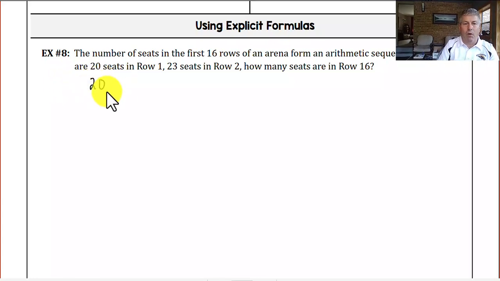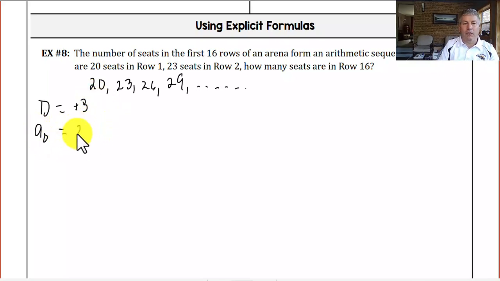That's going to be row 1, and then 23 in row 2, and 26 in row 3, and 29 in row 4, and so forth. So our common difference here is a +3, and our a sub 0 is going to be 20 minus 3, or 17. So it gives us a formula of a sub n equals 3n plus 17.